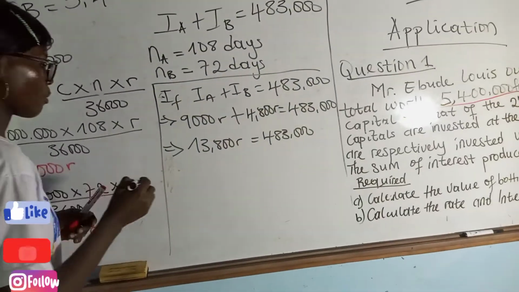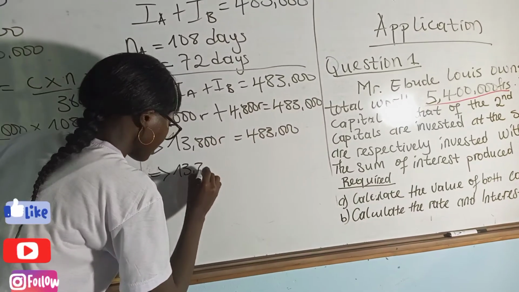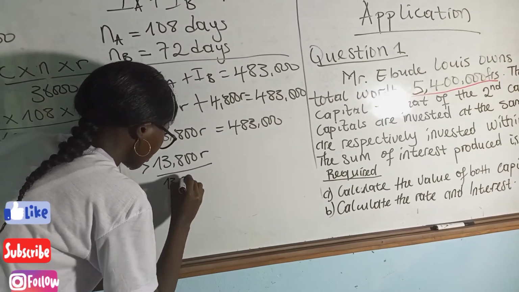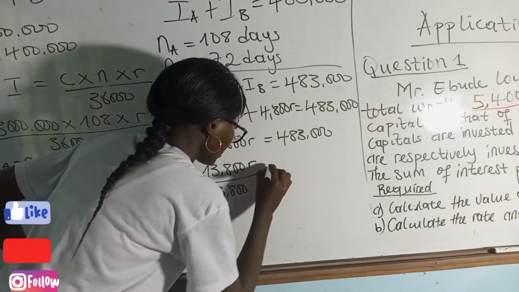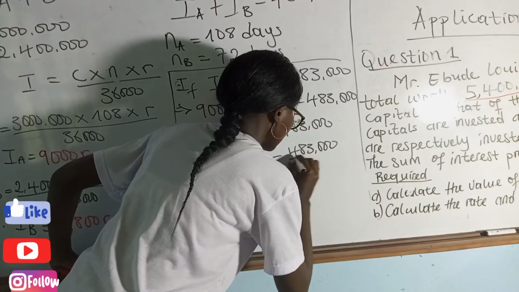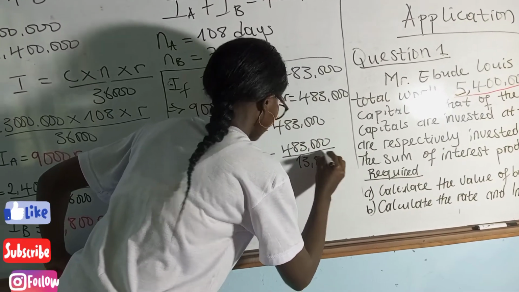Making R the subject of the formula, we divide both sides by 13,800. So 13,800 R divided by 13,800 is equal to 483,000 divided by 13,800.